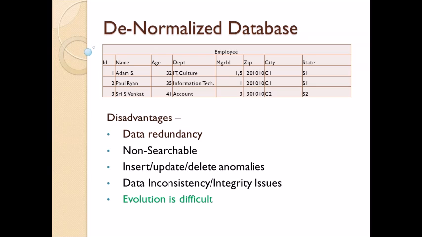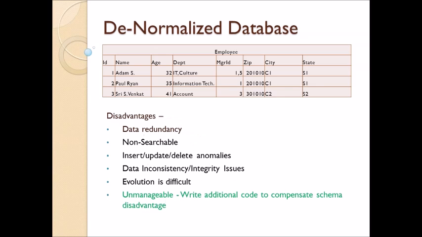For example, this IT department has two different names. So if I have to update the name of the Information Technology department, I have to update these names. So it is a very difficult task, right? And to do all these things, I have to write additional code to compensate for this schema disadvantage.